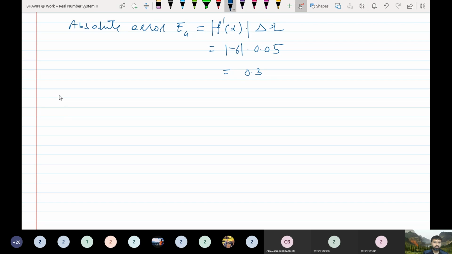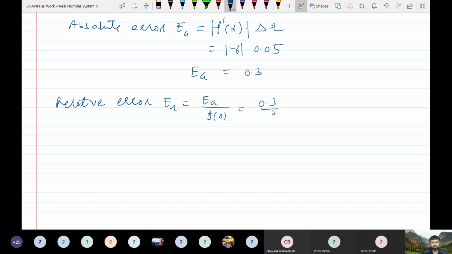Now let us find relative error. Relative error is denoted by ER. The formula of relative error is EA upon the true value of the function at point 0.